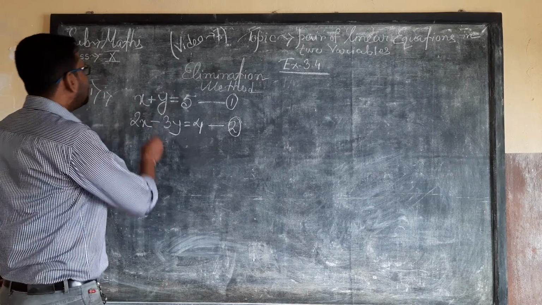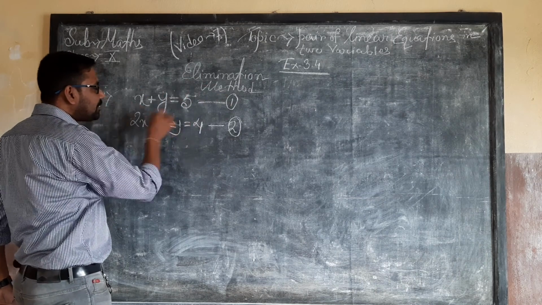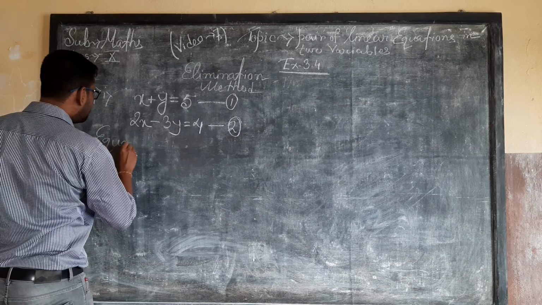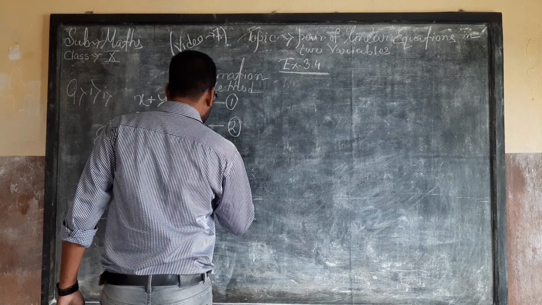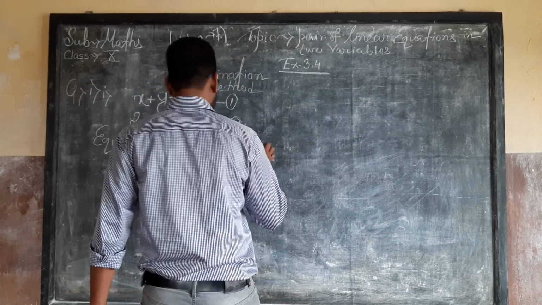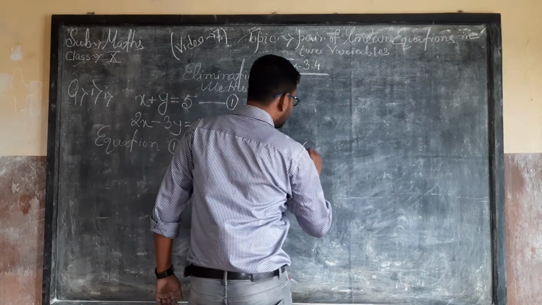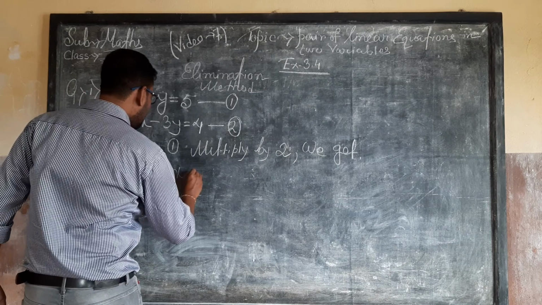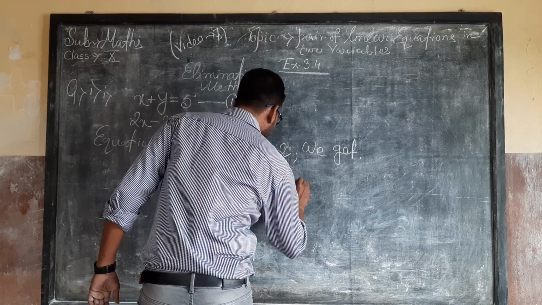If we consider this problem and multiply equation 1 by 2, we get 2x plus 2y is equal to 10, and suppose it is our equation number 3.